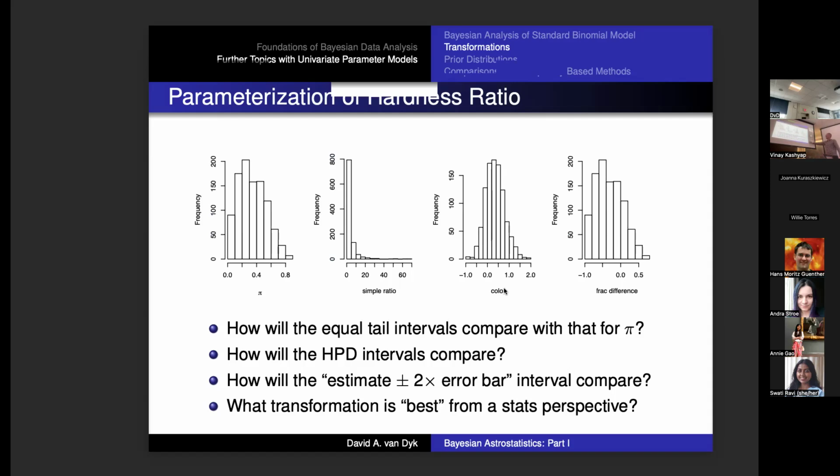One thing that's really nice about the color in this situation is I don't have to worry about HPD versus equal tail versus plus or minus 2 standard deviations, because the distribution looks Gaussian. From a statistical perspective, if I can do a transformation which makes the distributions look Gaussian, a lot of things become much easier, and it also tends to be a natural parameterization to work on. I can give the estimated color and its error bars, and I've told you pretty much everything.